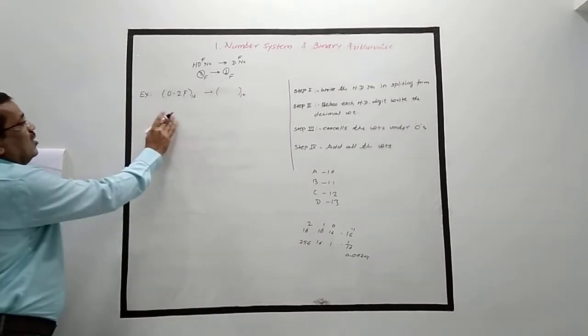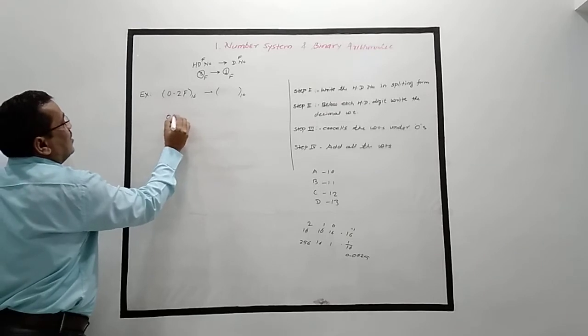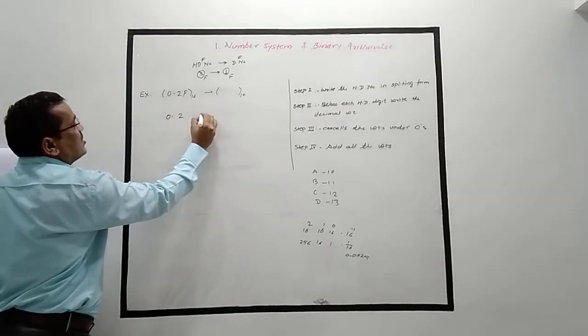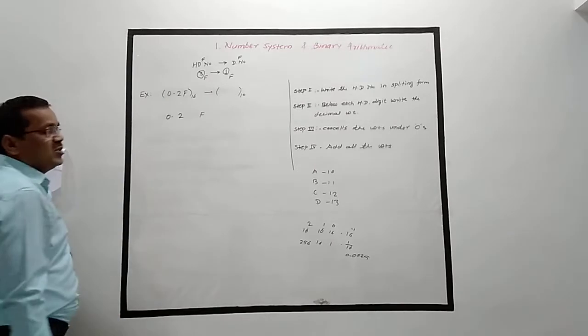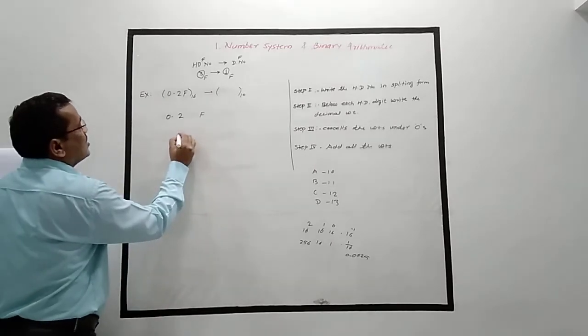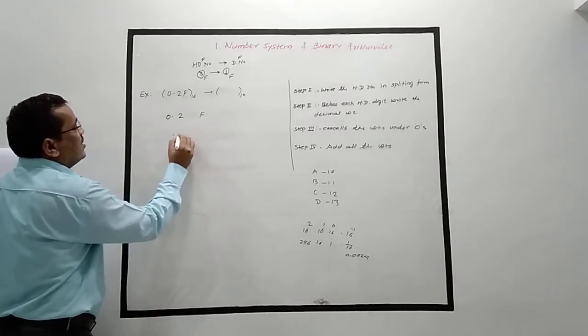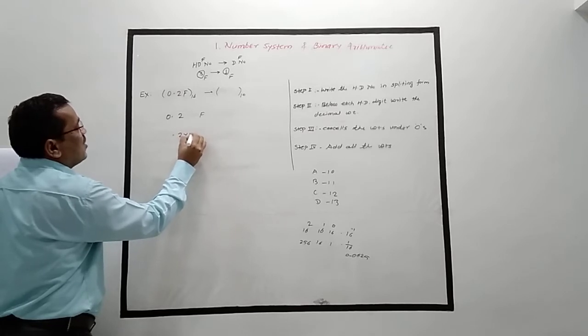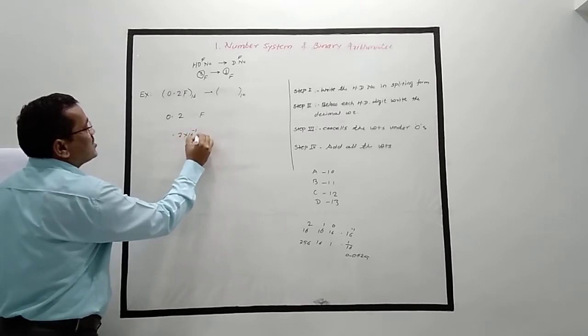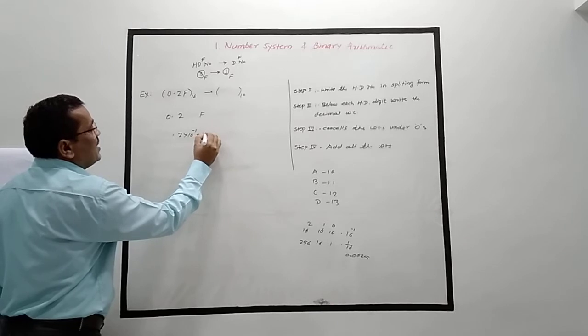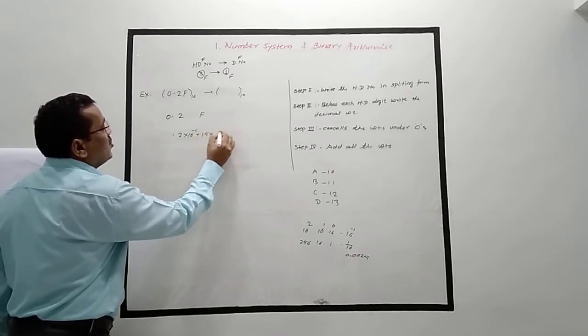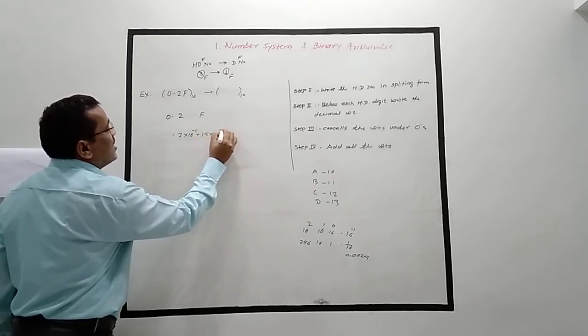Now write the weights, first of all, into the splitting form. So here after the decimal point, 2 into 16 raised to power minus 1 plus F, means 15 into 16 raised to minus 2.